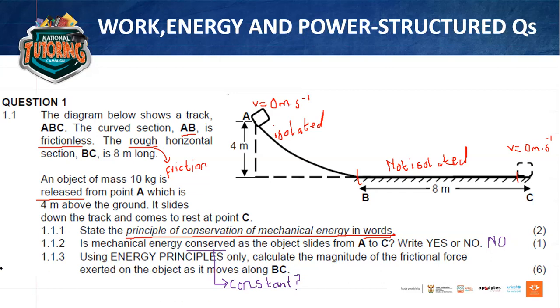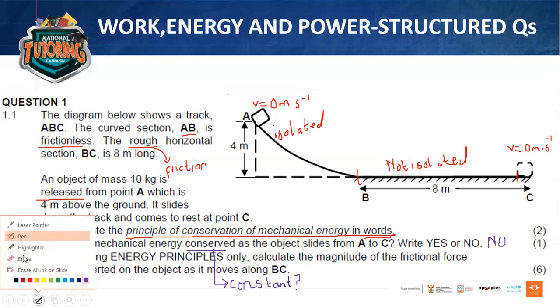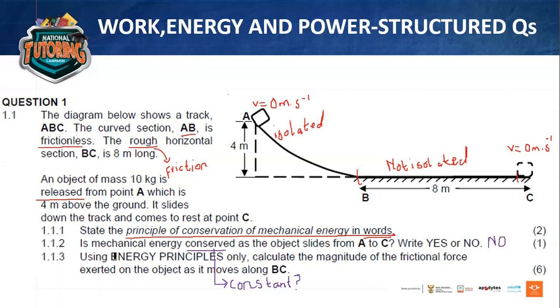Now we move to question 1.1.3. They're asking us using energy principles only. So now there is an instruction: using energy principles only. We can see that the words energy principles have been capitalized, and when that happens, it means we need to read carefully.